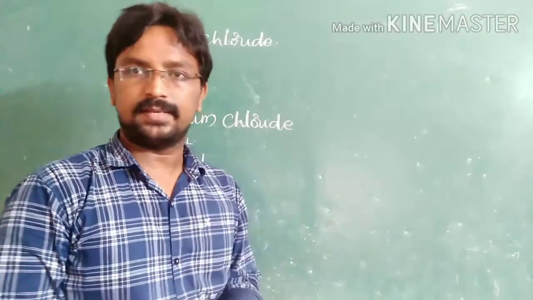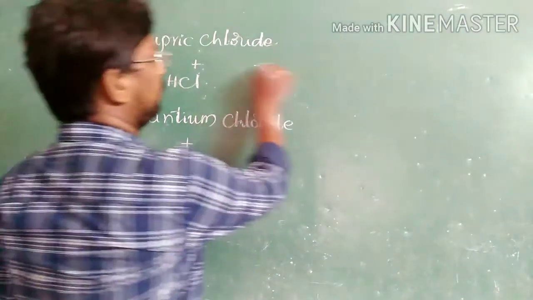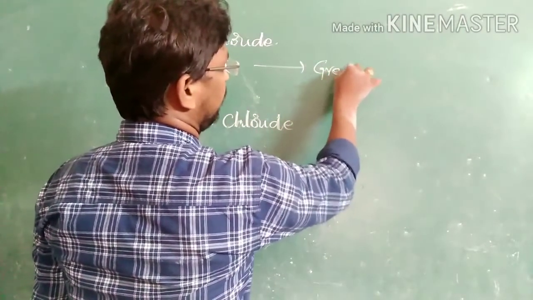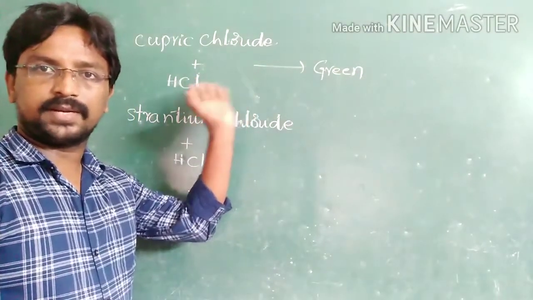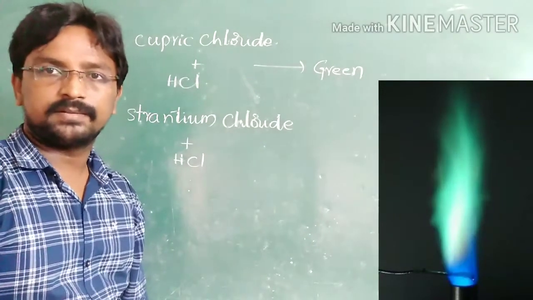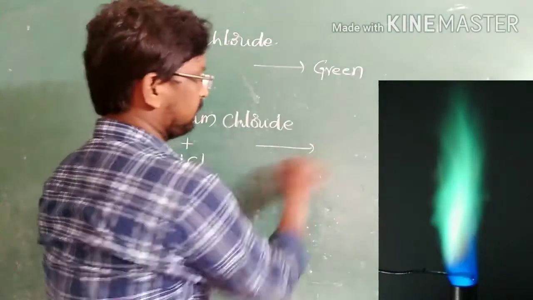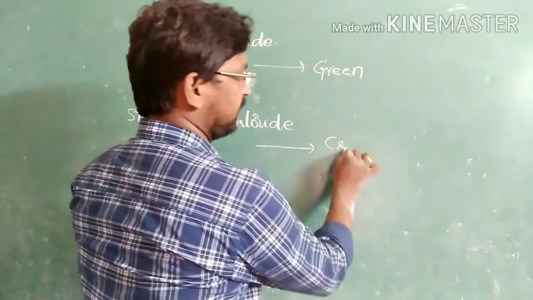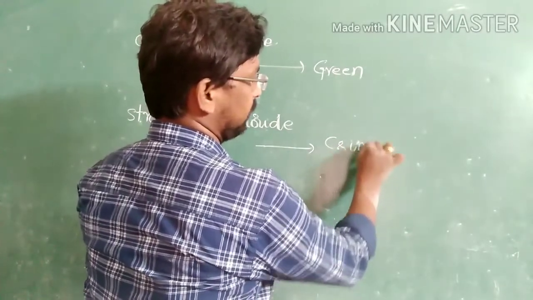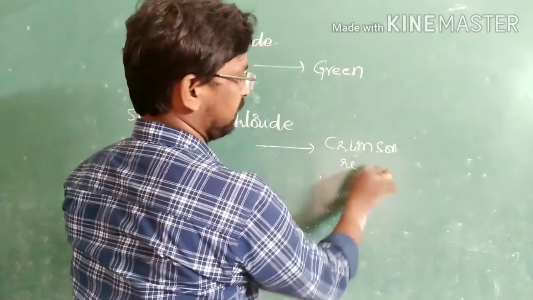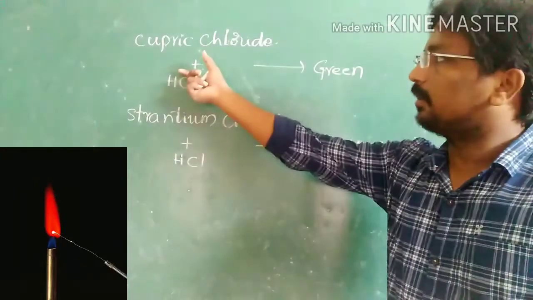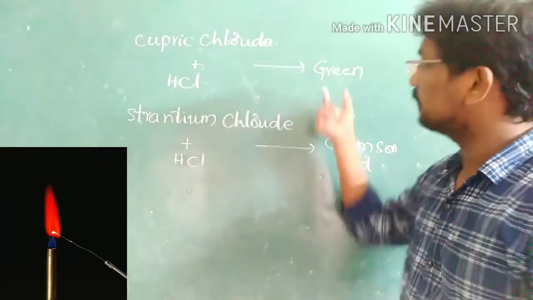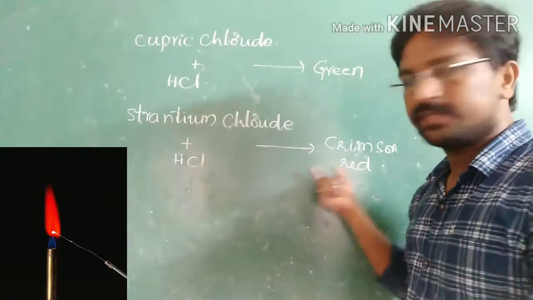When you use cupric chloride, green color flame will be emitted. When you use strontium chloride, crimson red color flame will be emitted.